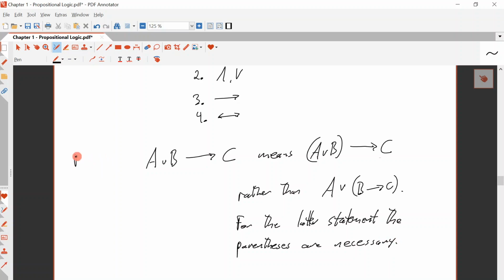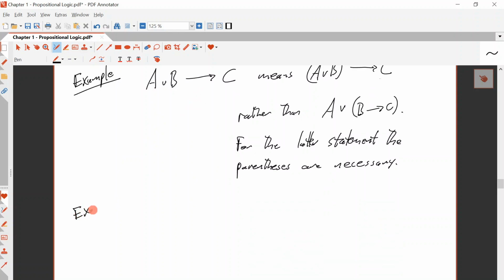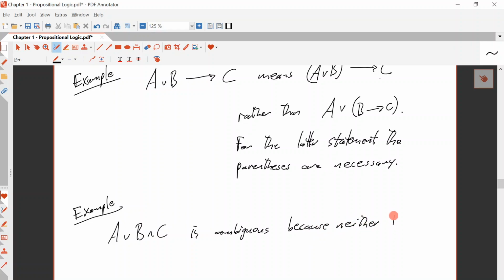Another example: if I wrote A or B and C, that is ambiguous, because neither disjunction nor conjunction has precedence over the other.